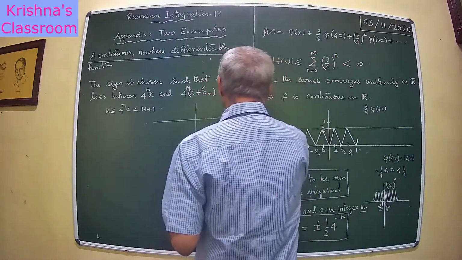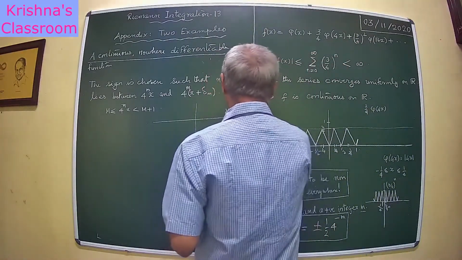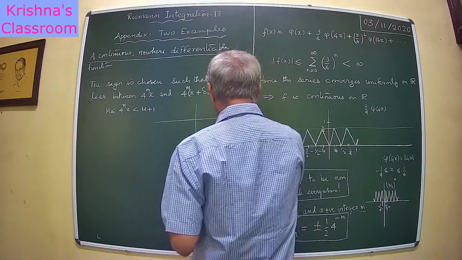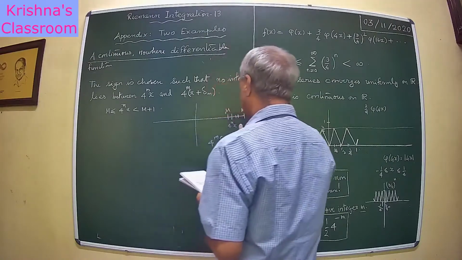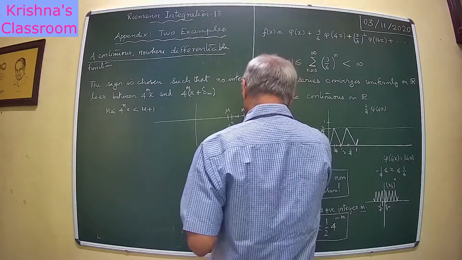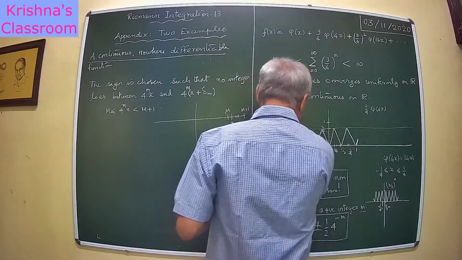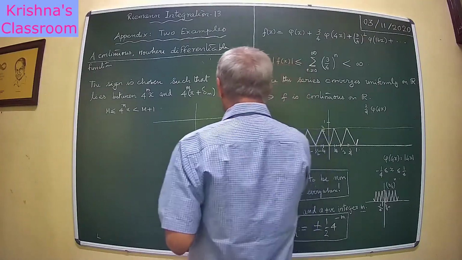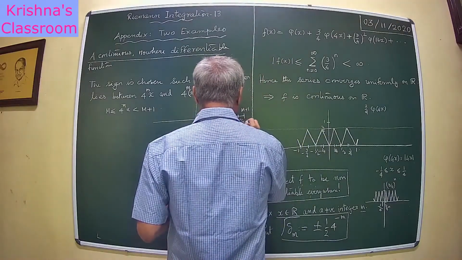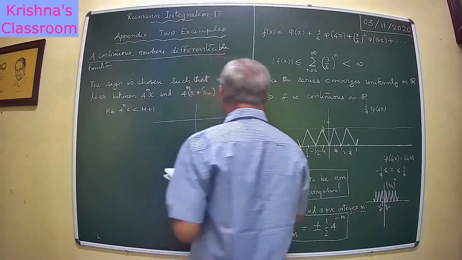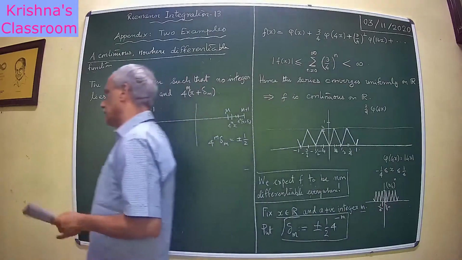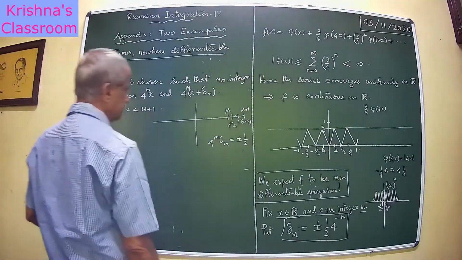If it is over here, we will choose the sign to be plus, so that 4 to the power m into x plus delta m lies between m and m plus 1, so that there is no integer coming in between.